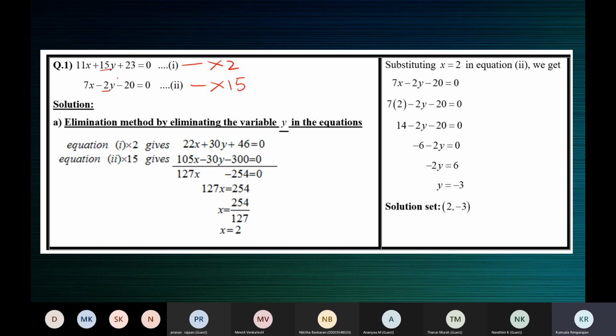How can 15 become 30? When you multiply the equation by 2. How can 2 become 30? When you multiply the equation throughout by 15. And that is what we're doing, that's what you see here. Equation 1 into 2 and equation 2 into 15 gives... Do you all understand so far?